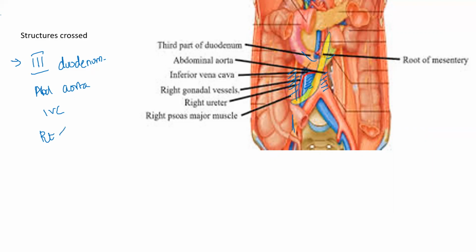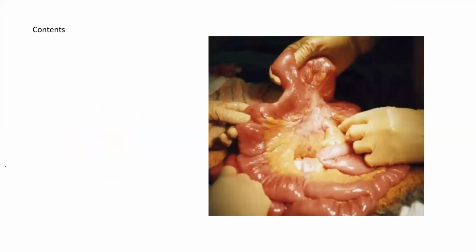So the structures on the right side: the right psoas major, on the surface of which you can see the right ureter, the right gonadal vessels, and the right genitofemoral nerve. Okay, the right sacroiliac joint. These are the structures that will be crossed by the root of the mesentery. So this is the root of the mesentery holding the jejunum and ileum to the posterior abdominal wall.